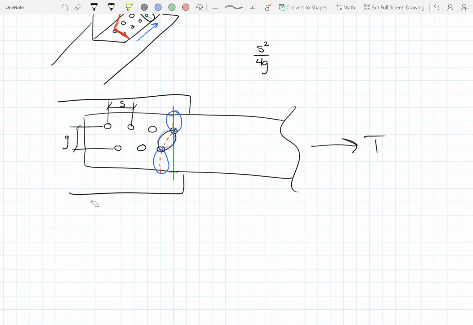Oh, sorry, I drew that wrong. S is the pitch. So you add one of these times the thickness for every diagonal.